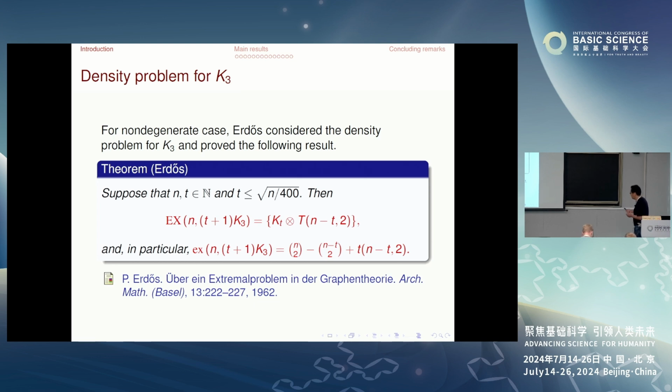We remark that we not only know the triangle case, we also know the extremal graphs. And we remark that t is a parameter, not a constant. It's related to n, it's a square root of n.